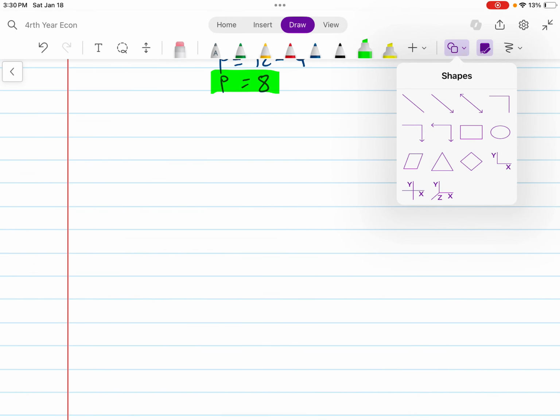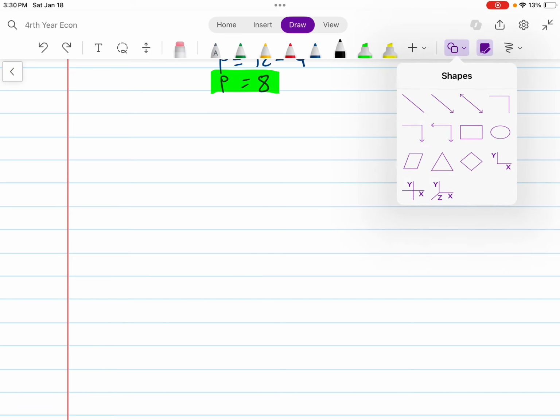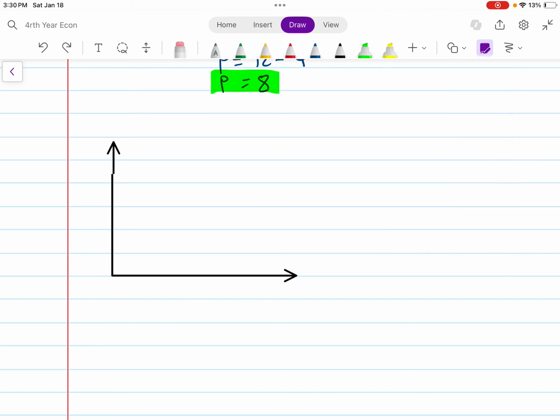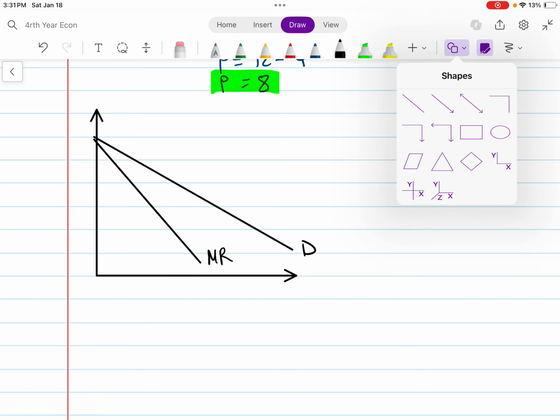Now, how does that look on the graph? Let's draw our monopoly condition on a graph. Here we have the demand curve, our marginal revenue, and our marginal cost.